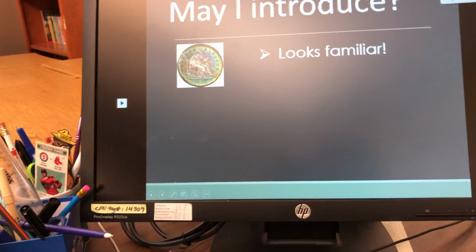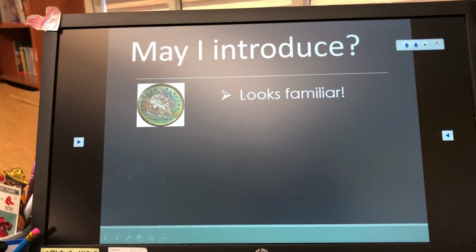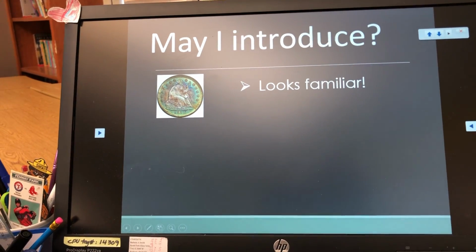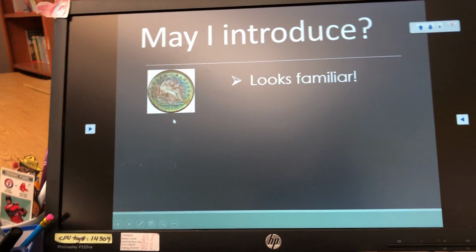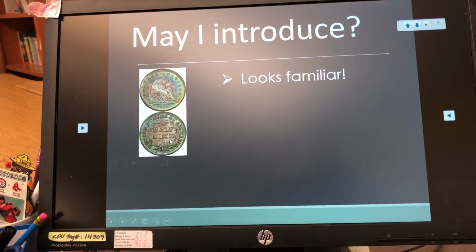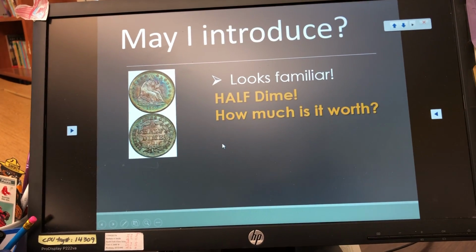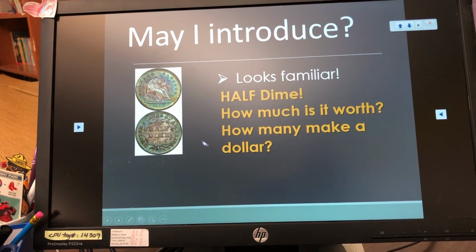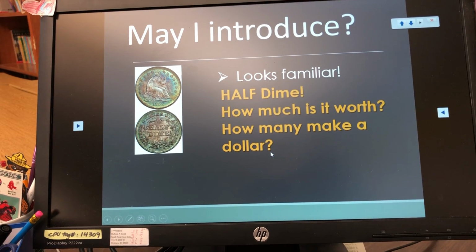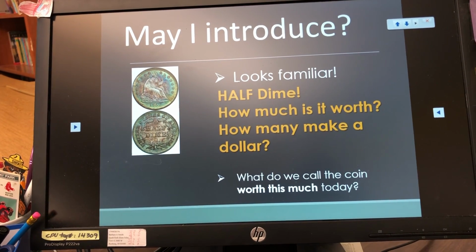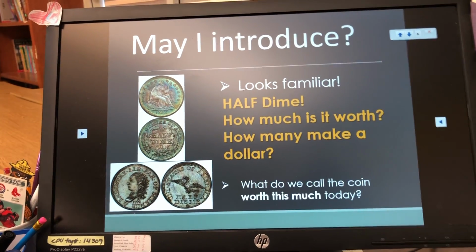Okay. Oh, another coin with resting liberty on the back. It's not quite so shiny, silverish, but it does look familiar. A half dime. Wonder how much that is worth. I bet you know. And how many half dimes does it take to make a dollar? 20 of them. What do we call this today?